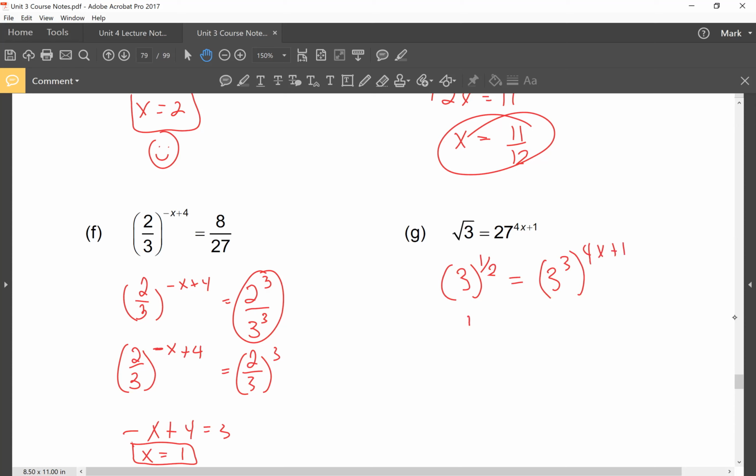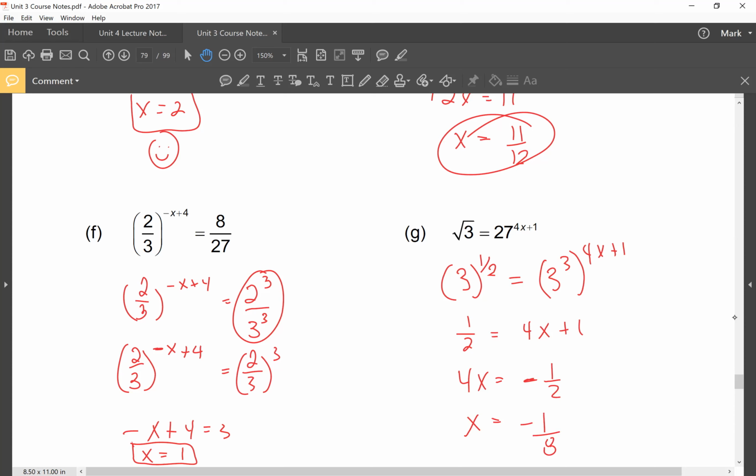So that means I'm going to get 1 over 2 equals 4x plus 1, and then I'm going to solve this. So this would be 4x equals 1/2 minus 1, which is a minus 1/2. X equals negative 1 over 8. All right, cool.